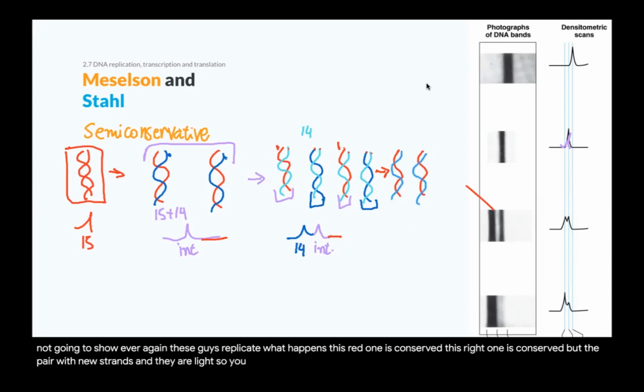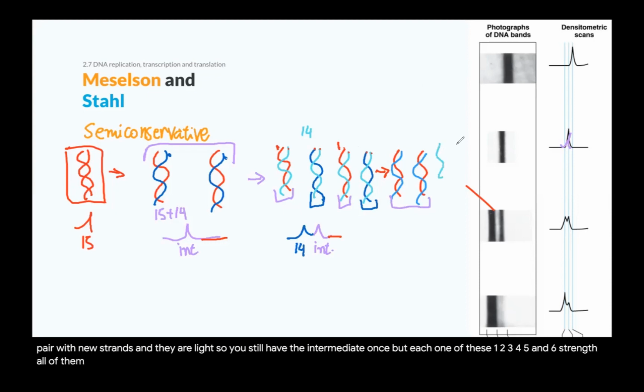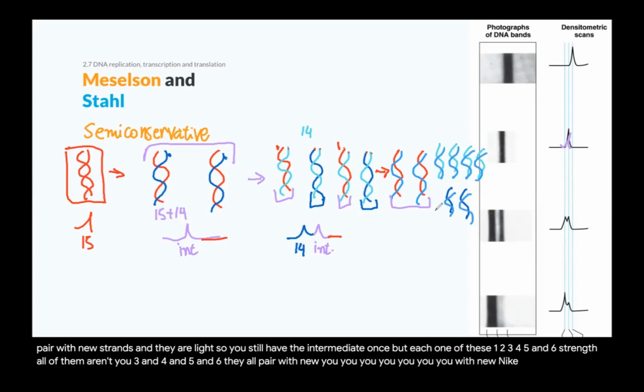So you still have the intermediate ones. But each one of these 1, 2, 3, 4, 5, and 6 strands, all of them, they all pair with new nitrogen 14 molecules.